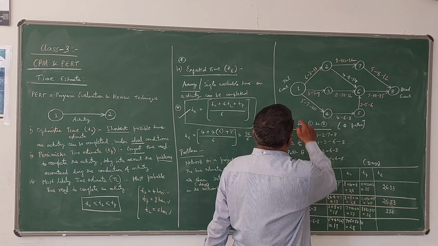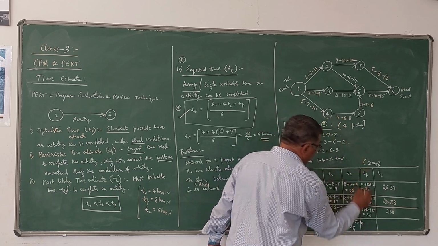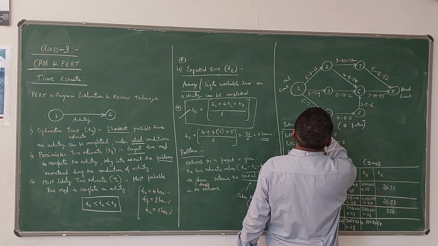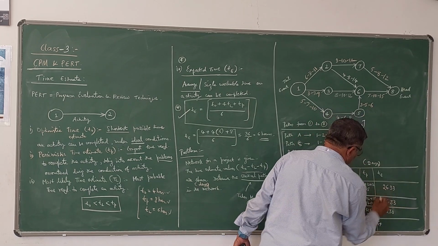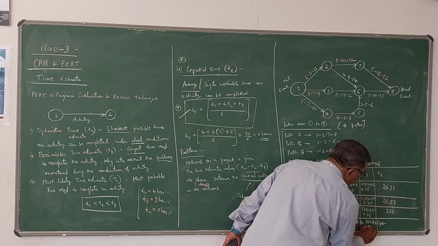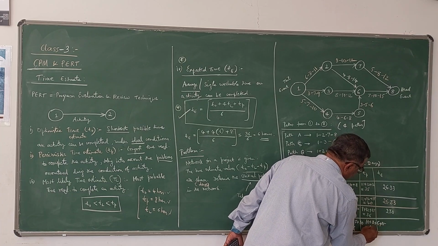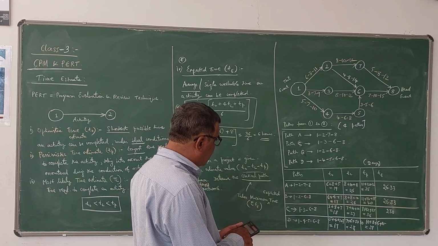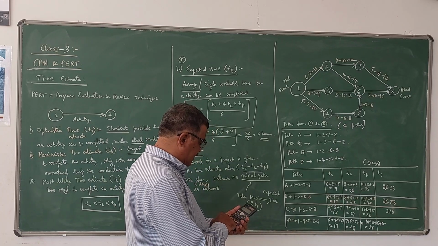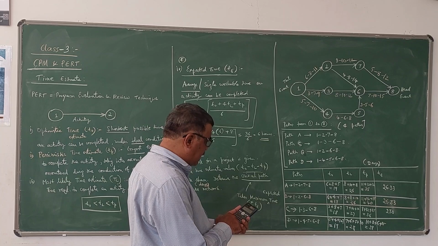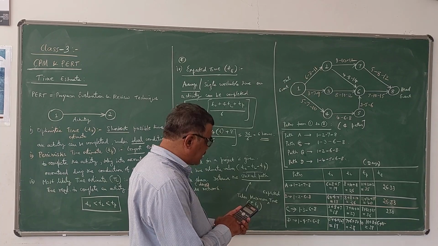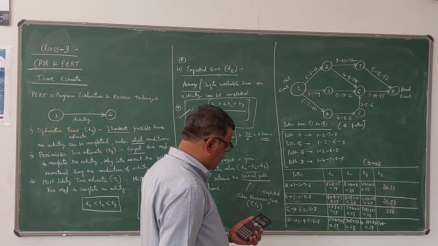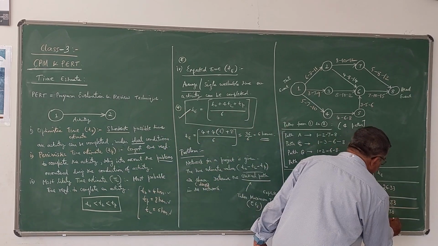Then the TP value: 10 plus 8 plus 6 plus 15, so 39. Now the TE value for path D is 19 plus 4 times 28 plus 39, divided by 6. It is 28.33.